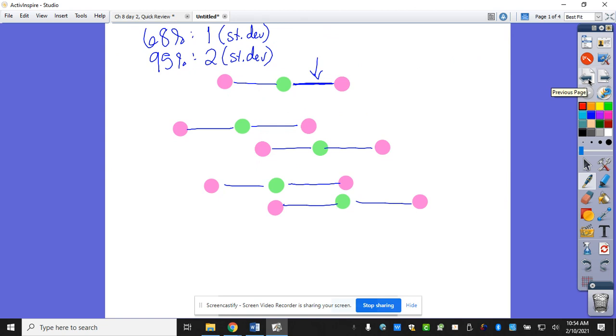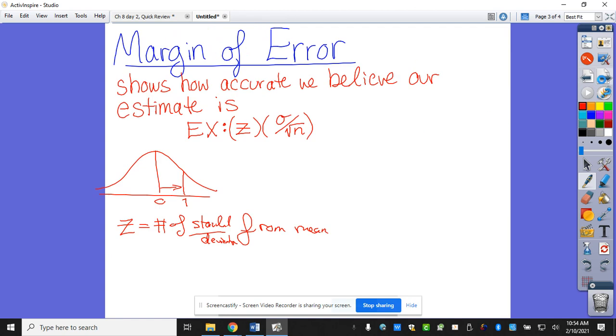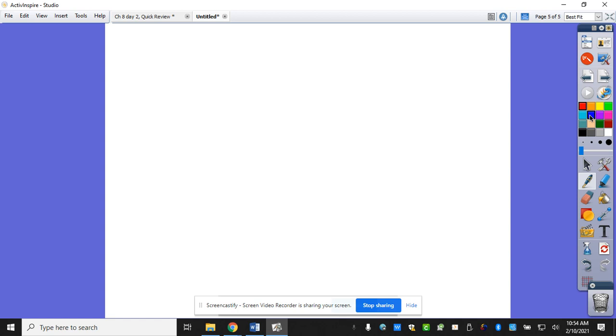green dot is my what vocab? Point estimate. Blue line is my margin of error. So the only thing I haven't talked about is the pink dot. And that gives us our confidence interval. So it's used to estimate the thing we're actually trying to capture.